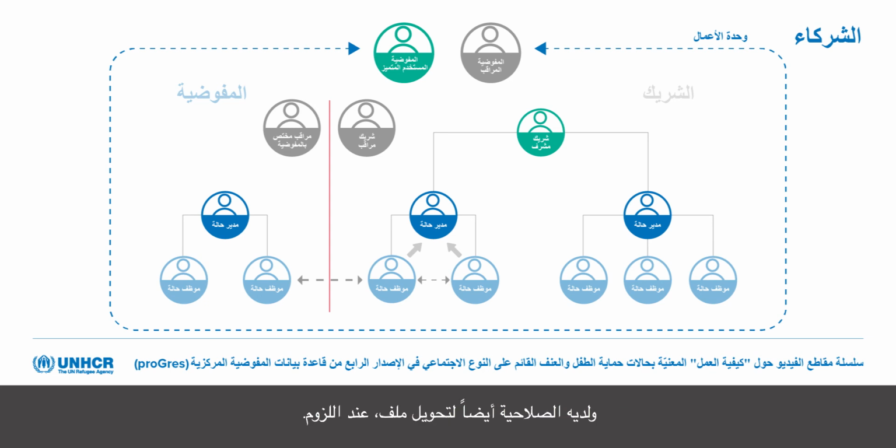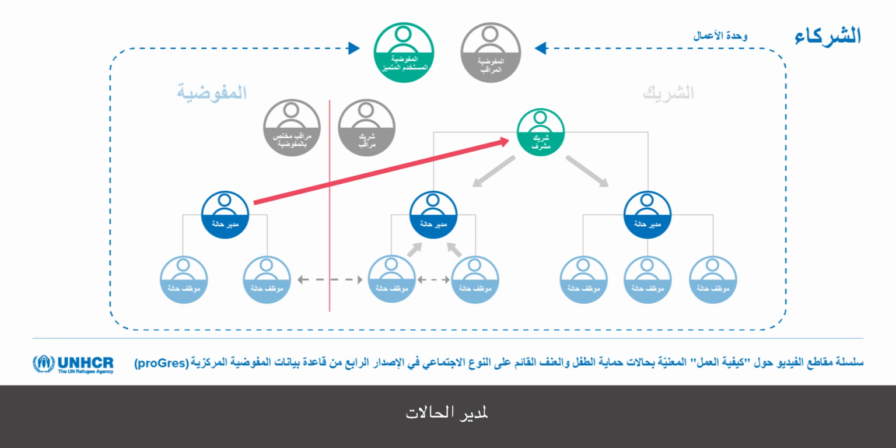They also have the ability to transfer a file if necessary. A case manager has the ability to also transfer a file to the partner supervisor of a partner, and then that partner supervisor can then reassign that file to anyone in the partner organization.